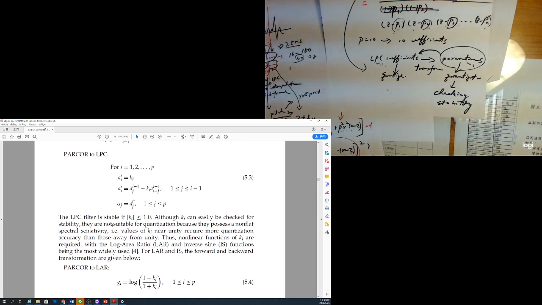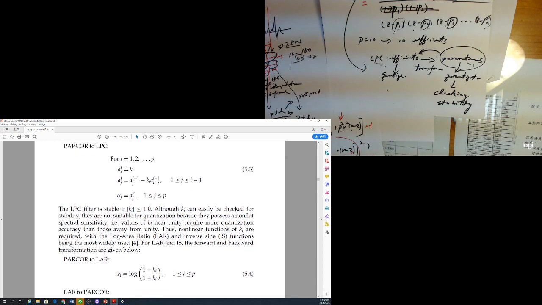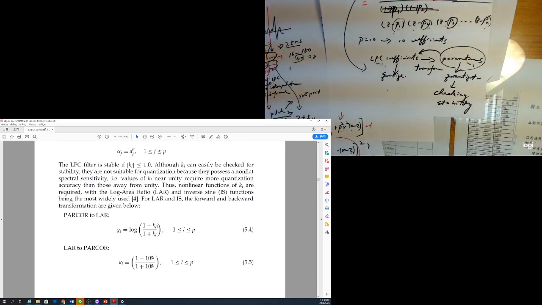If we want the filter to be stable, the absolute value of the PARCOR coefficient should be smaller than 1. So during quantization, we quantize the PARCOR coefficient, so we can know whether they are stable or not.